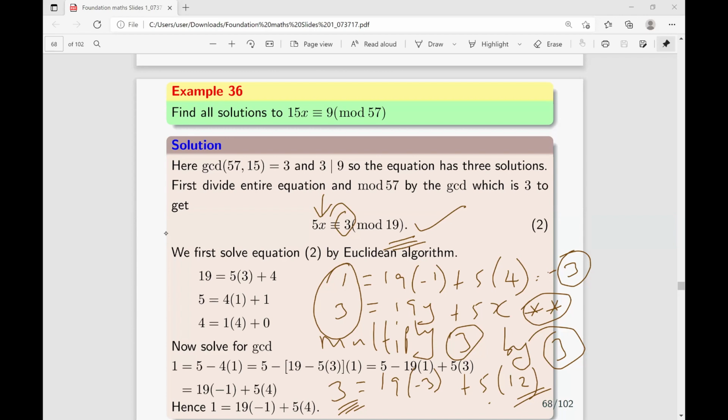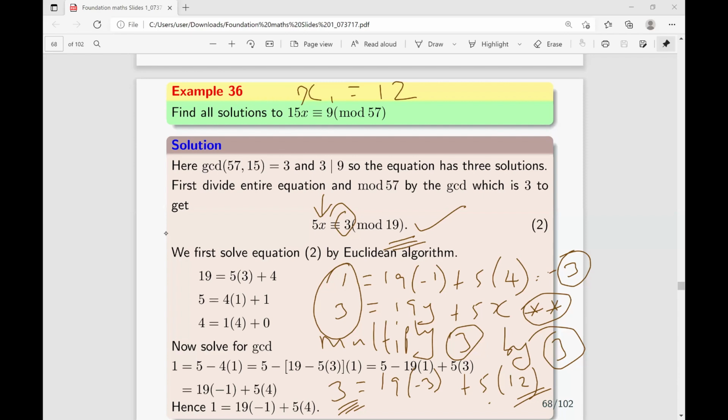This system had 3 solutions. The first solution, I call it x1, is 12, which we've just found. How do we get the other solutions?